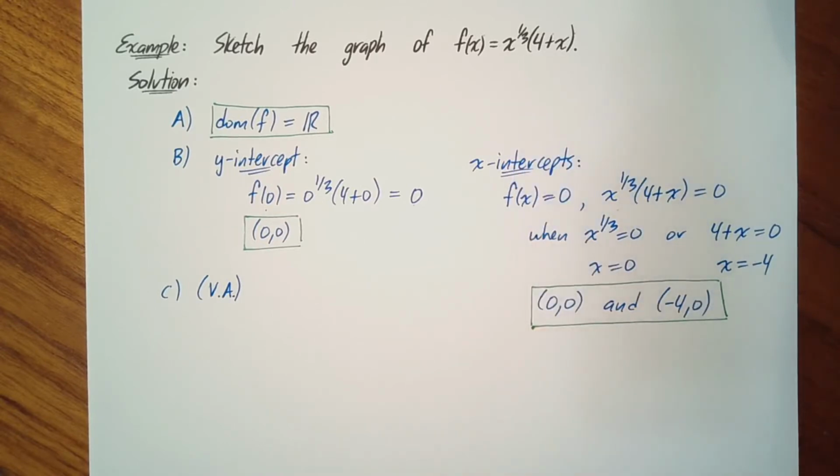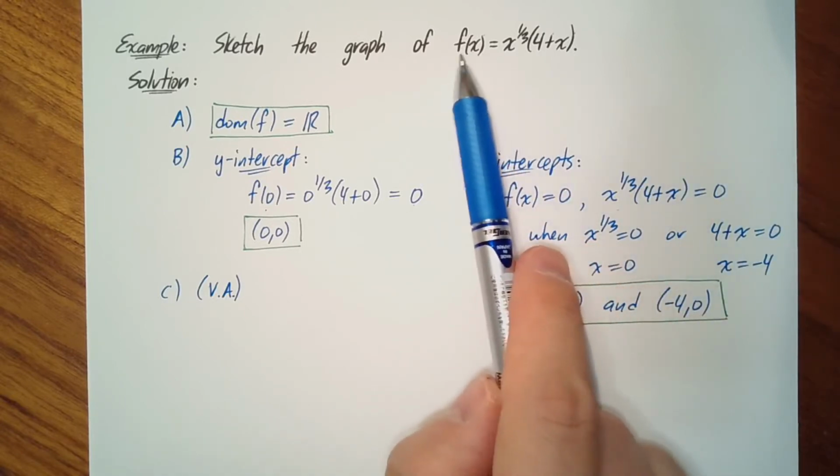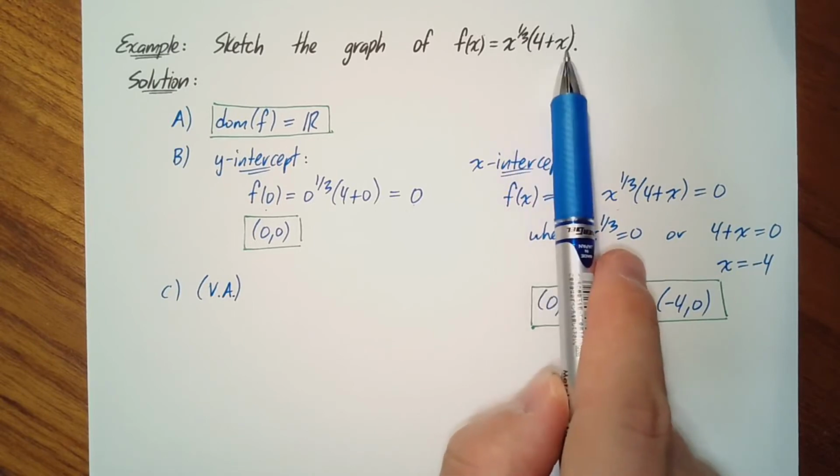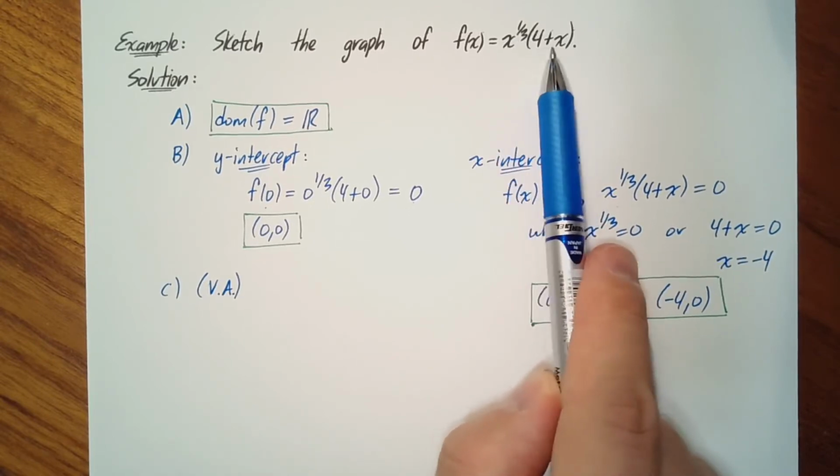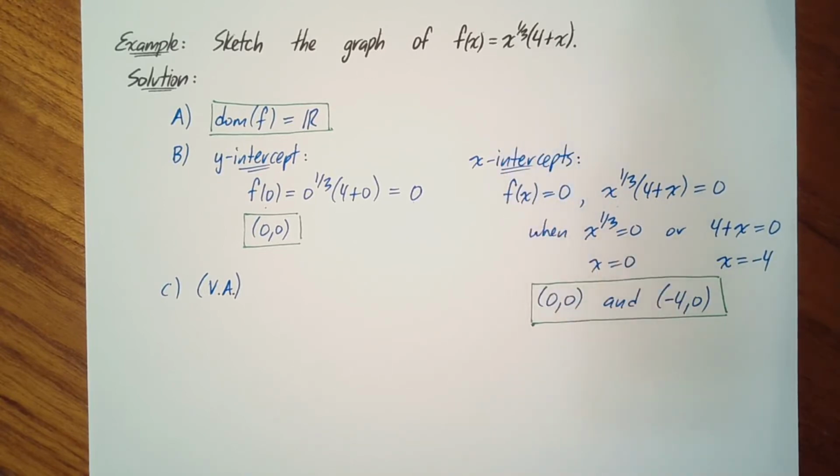You can have a function whose domain is all real numbers that still has vertical asymptotes, but not if it's continuous. This function f is continuous. It's built from continuous operations. x to the 1/3, that's a radical. 4 plus x, that's a linear function, so it's continuous. It's a product of two continuous functions, so f is a continuous function. It's continuous everywhere on its domain, which is all real numbers, so everywhere.